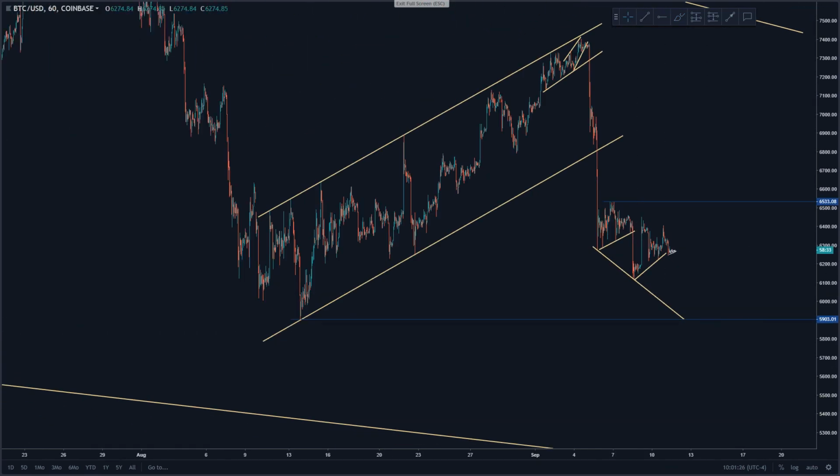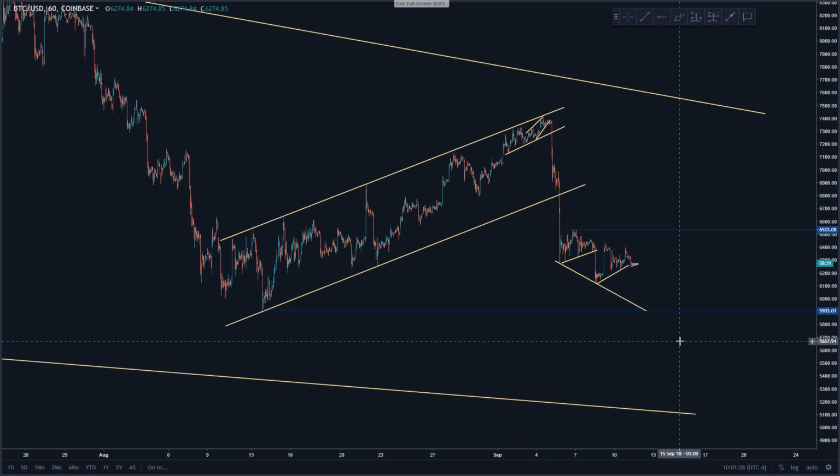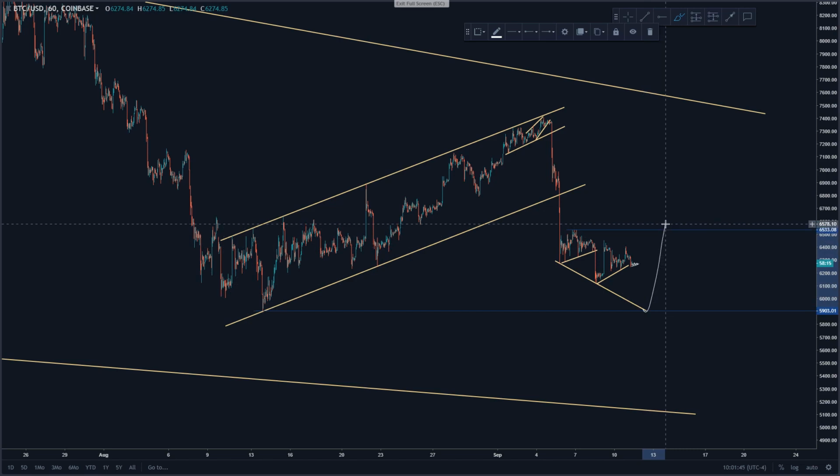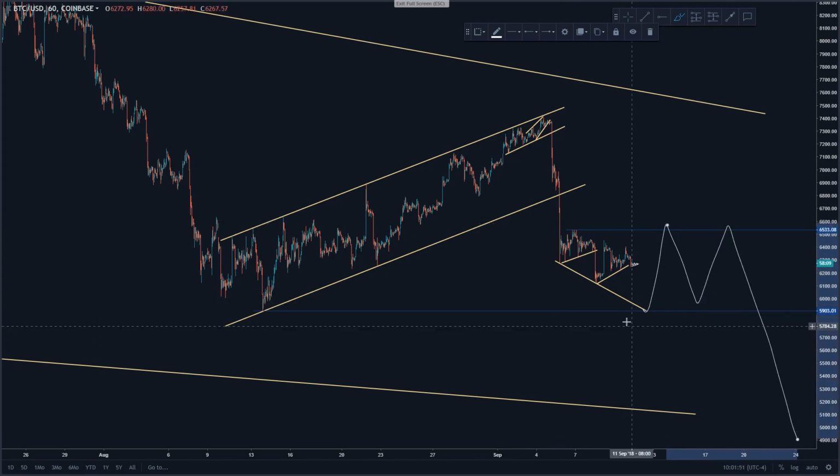Now, at that stage, this is planning ahead, and you should always plan 10 steps ahead because a lot of traders trade behind the market. They follow the market. We want to be ahead of the market, so whatever happens, we're planned for. If we do get a reaction here, it's possible that it turns around, moves up, breaks the high just slightly, or the high of the pattern, comes back down, moves back up, and then sells.